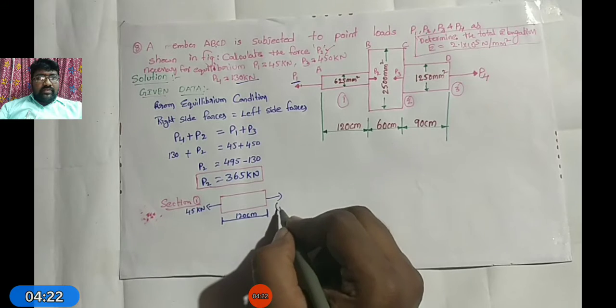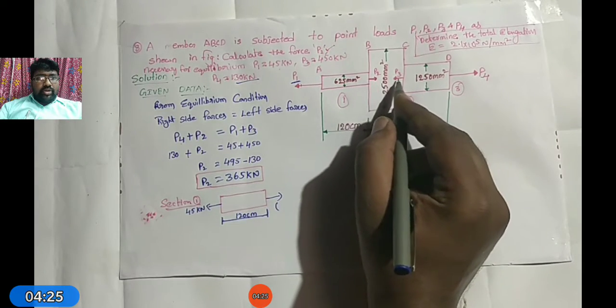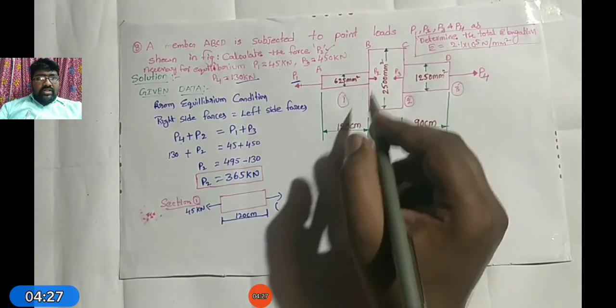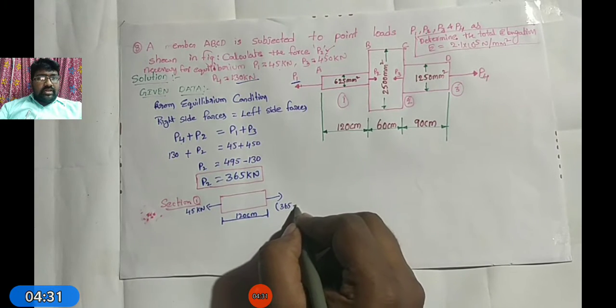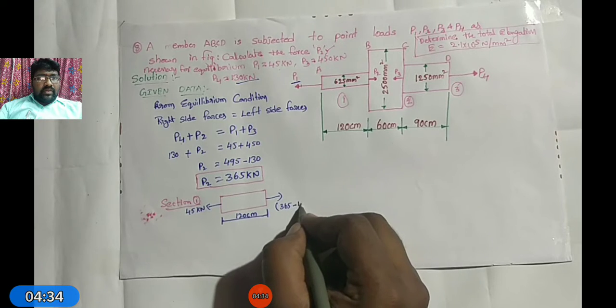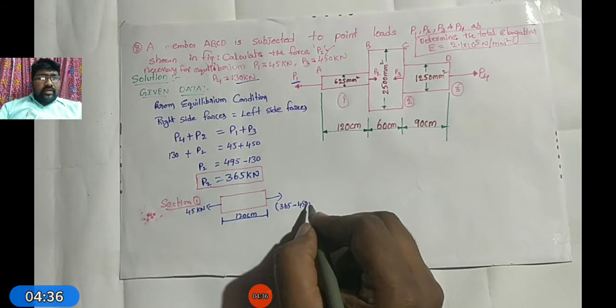Next, the right side having 3 forces, that is P2. P2 is 365. Next, minus P3. P3 is 450 and plus P4.